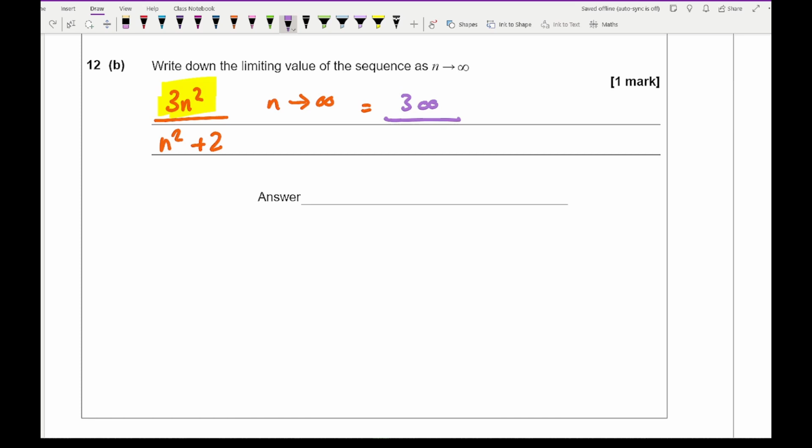And the denominator is basically going to be infinity squared plus 2. In theory, the infinity plus 2 is basically the same as infinity, so the add 2 makes absolutely no significance when you're dealing with this. And so if this then becomes infinity, the infinities cancel out, leaving me with just a value of 3.